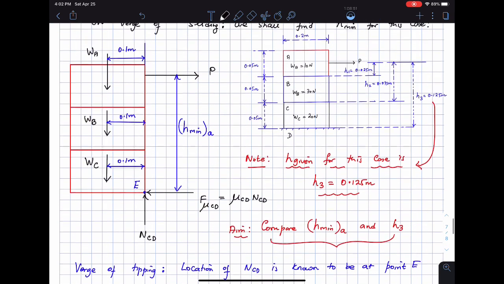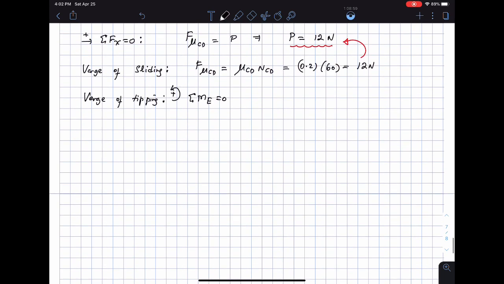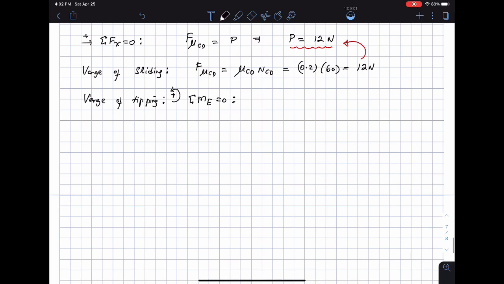Looking at point E, here are the moments from WA, WB, WC at a distance of 0.1 meters, and then P times H minimum A. These are all balanced together, so P times H minimum A is equal to WA plus WB plus WC times a distance of 0.1.